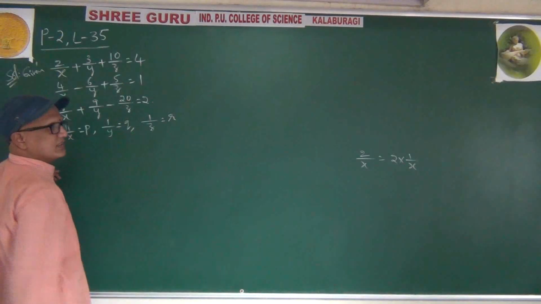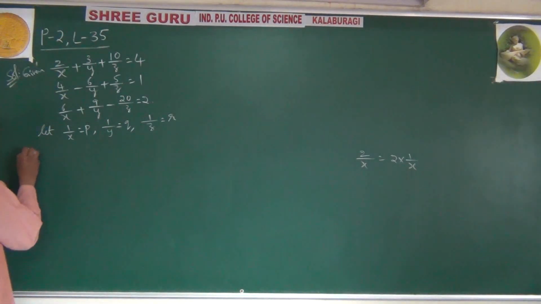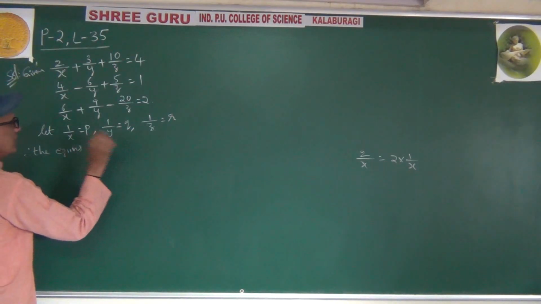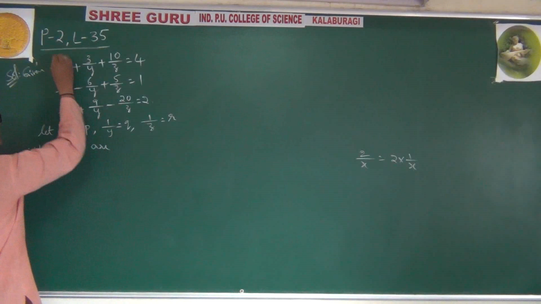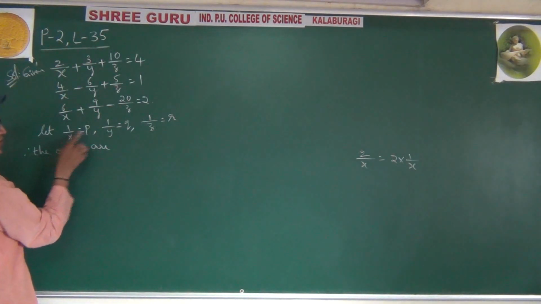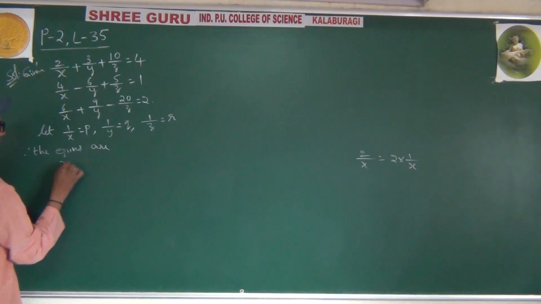Substitute these in this. Therefore, the given equations are: 2 by x, 2 into 1 by x means 2 into p. Okay, now 2p.